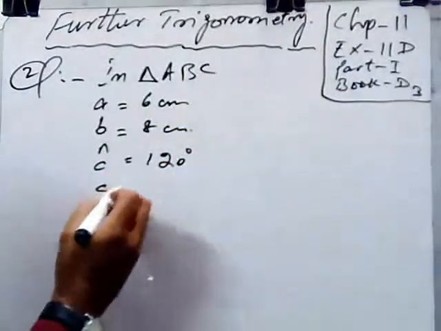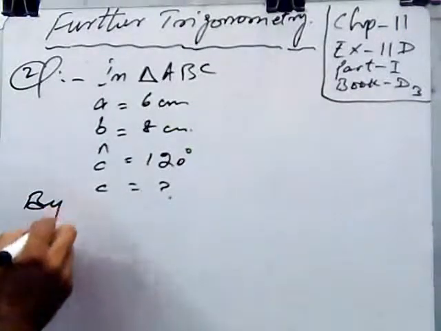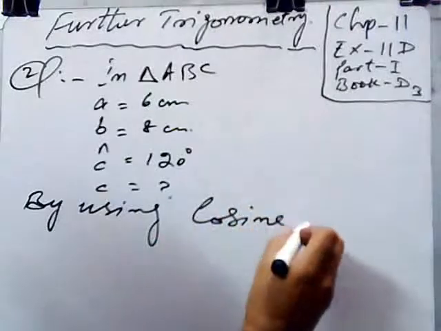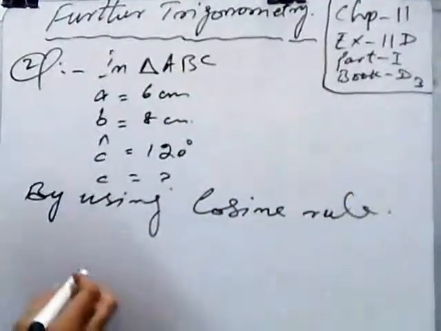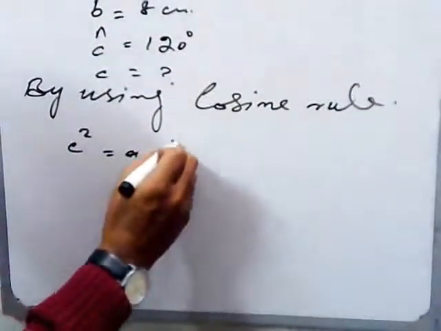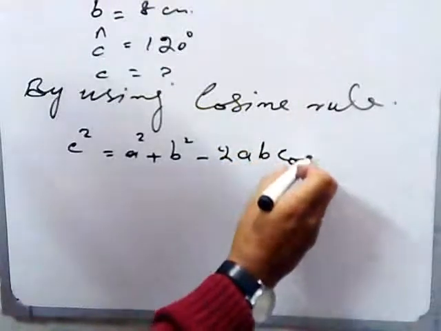Find c. We have to calculate c. So again, by using the cosine rule, that is c square is equal to a square plus b square minus 2ab cos C.